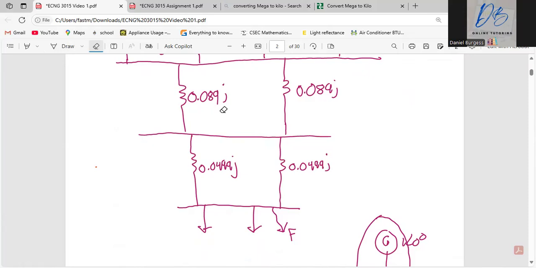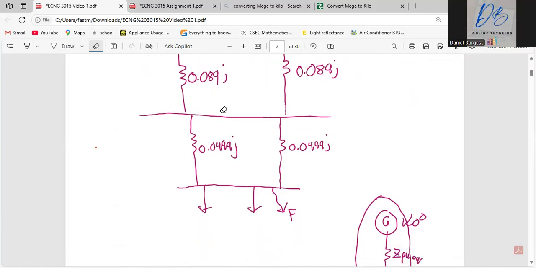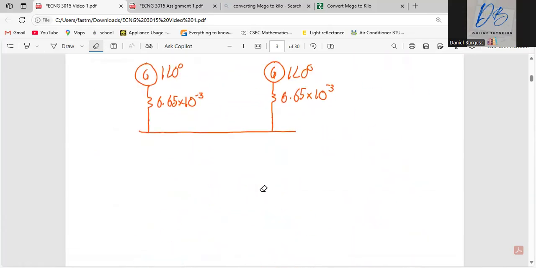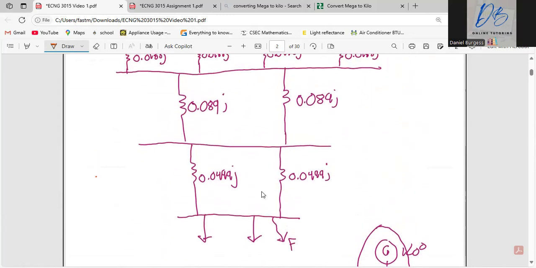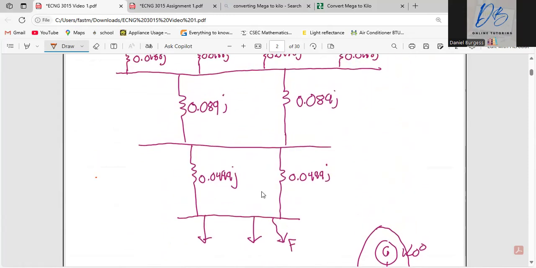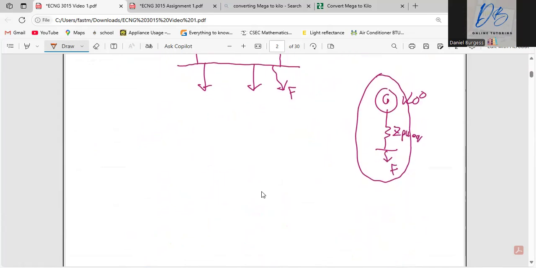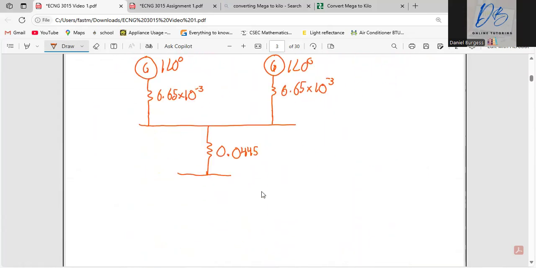So here will be 0.089 divided by 2, so you get one impedance, and then the bottom one will be 0.0499 divided by 2, which is 0.02495.